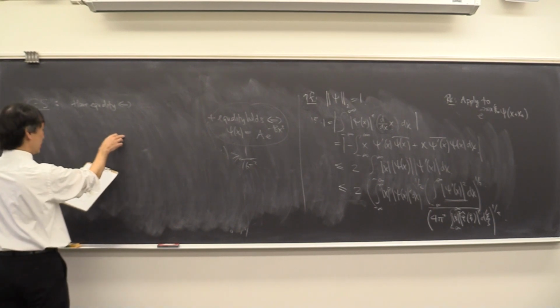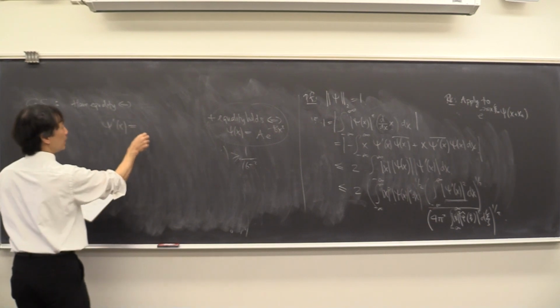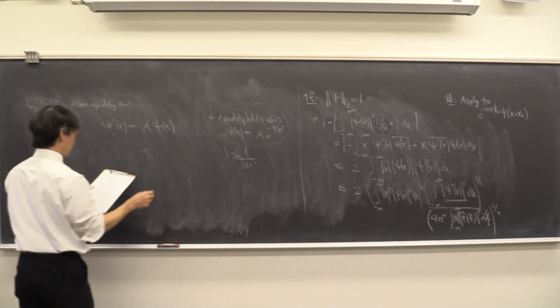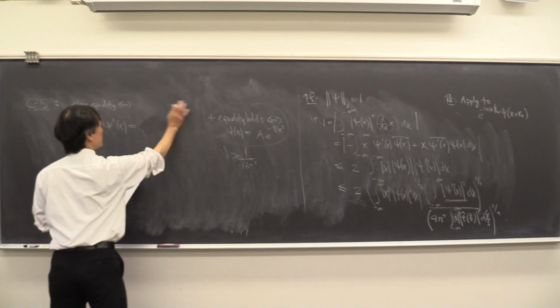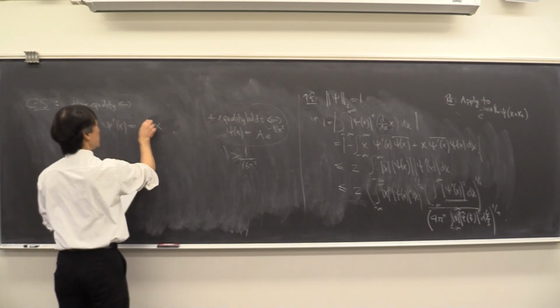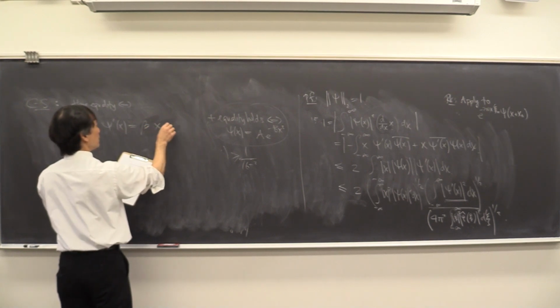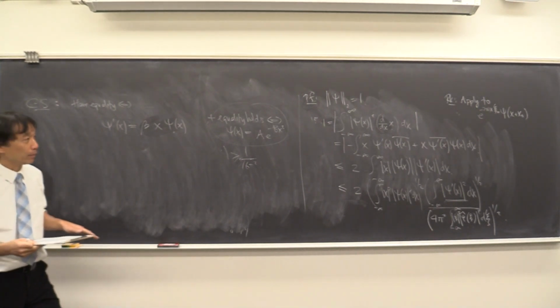So that would mean that C prime is some constant times C, some constant times the other function, right?